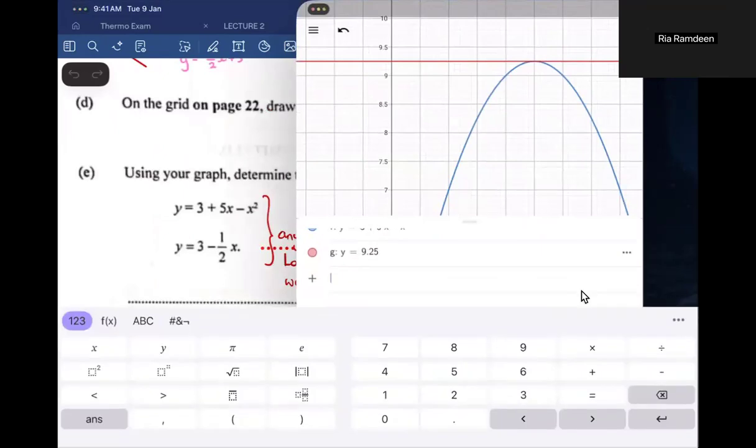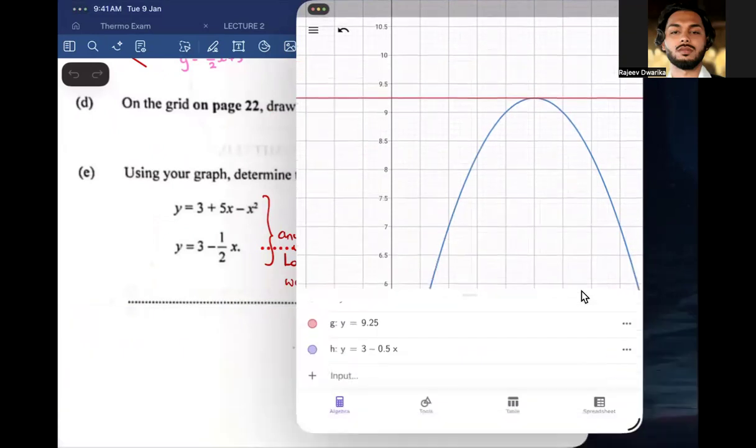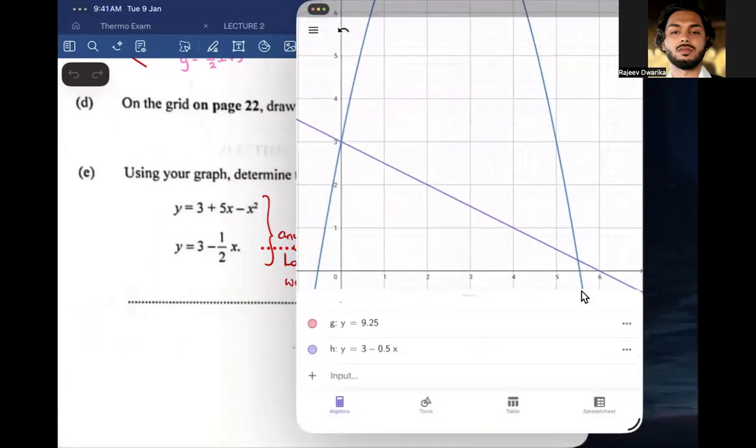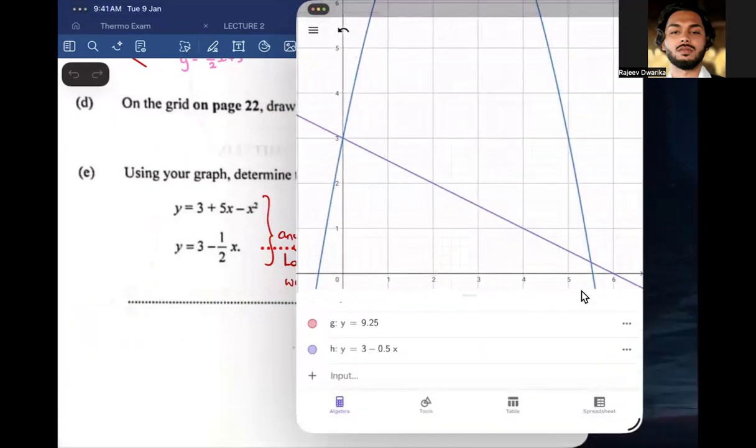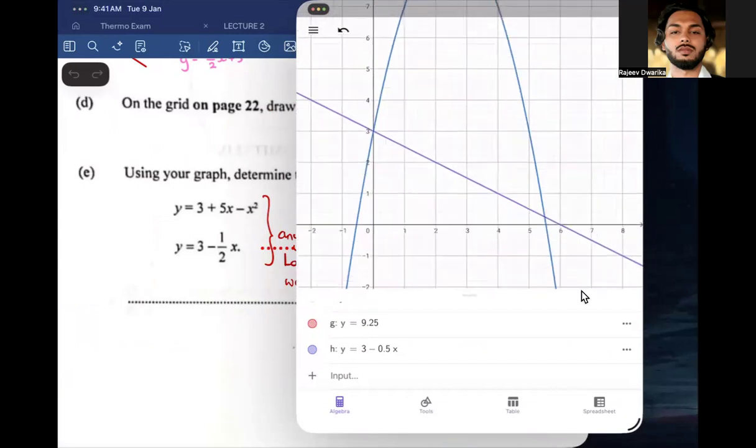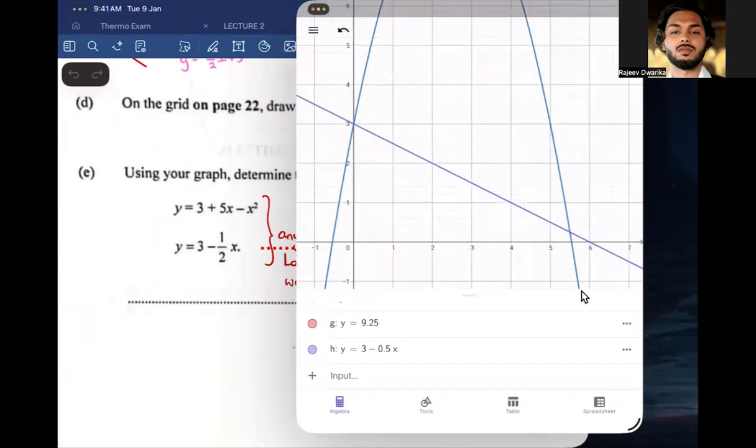Y is equal to 3 minus 0.5x. So this is the actual graph. So Ria, how many times are you seeing the graph intersect? Twice. Twice, right? We have a nice answer here, 0, 3.